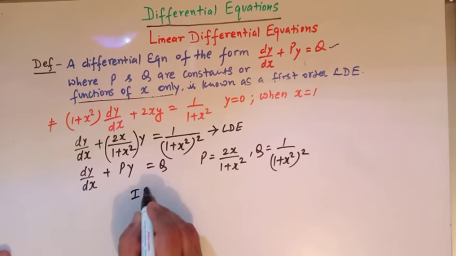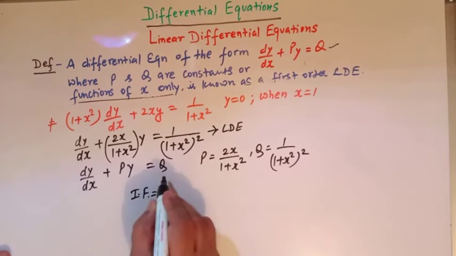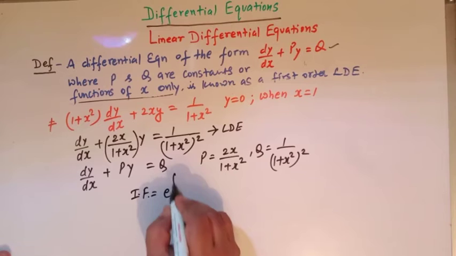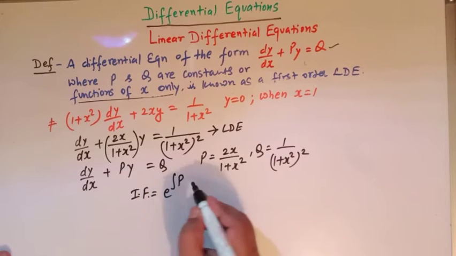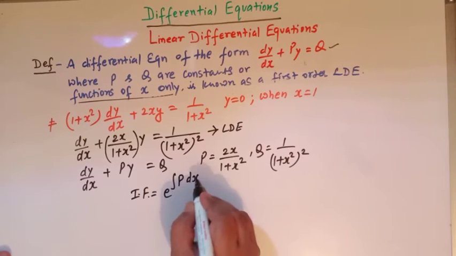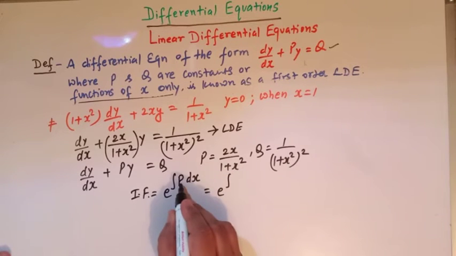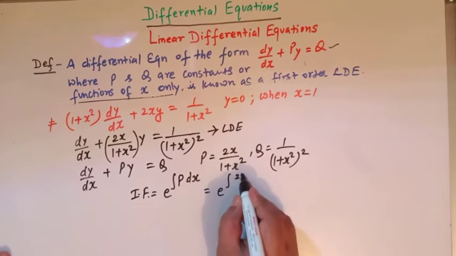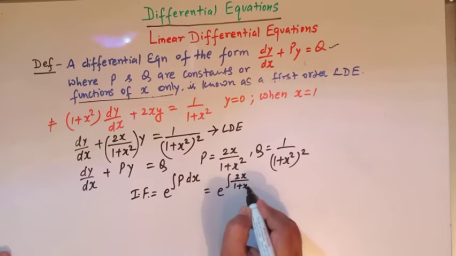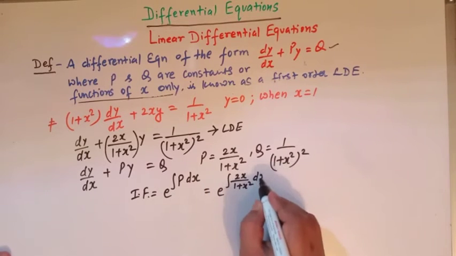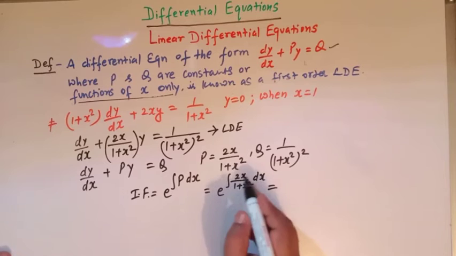The integrating factor of such a differential equation is given by e raised to integral of p with respect to x. So we have e raised to integral of 2x divided by 1 plus x square dx. Now here we see that this is a simple integral.